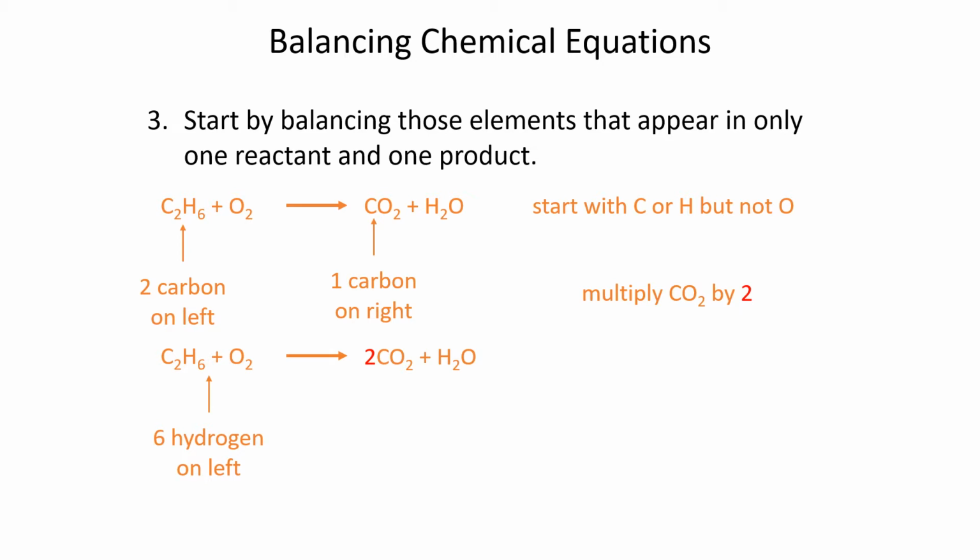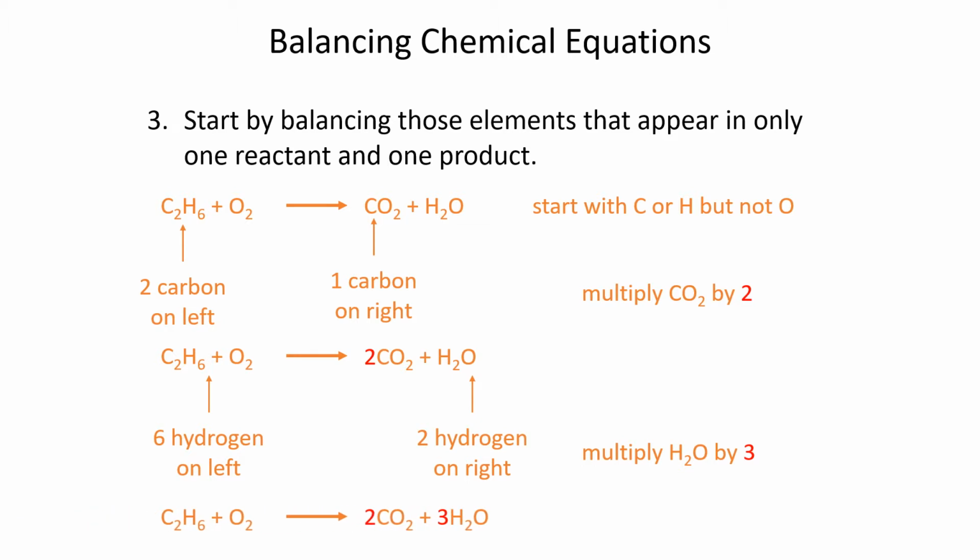We have 6 on the left and we have 2 on the right. So what coefficient can we use in front of the water formula to come up with 6 hydrogens? 3. So we're going to put a coefficient of 3 in front of that water molecule. So now we have 2 carbons, 2 carbons, 6 hydrogens, 6 hydrogens. Now we can take a look at oxygen.